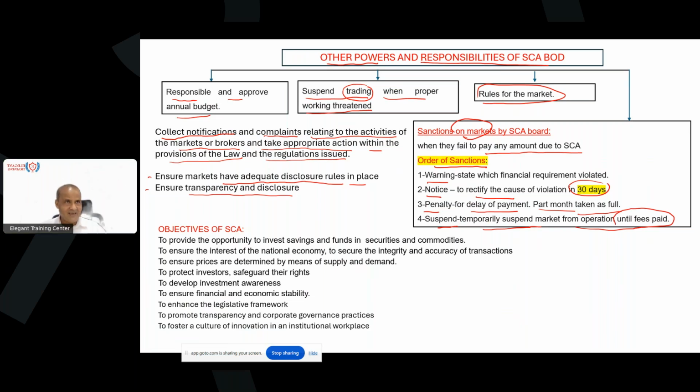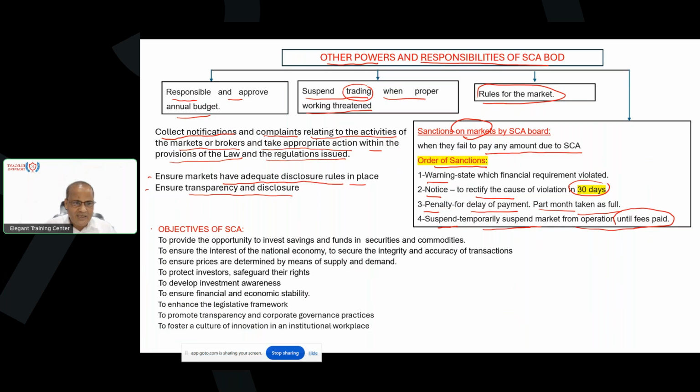By the market. So first is warning, then notice to rectify with 30 days notice, then penalty, then suspension. Clear, sir? All of you? All okay? Munna okay? Anusha okay? Juan? Good. Yes. Very good.